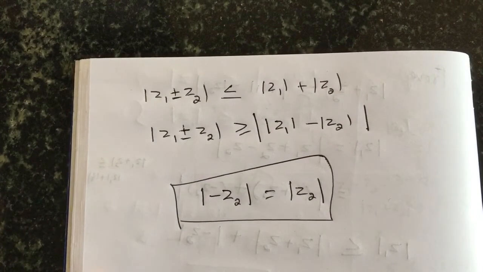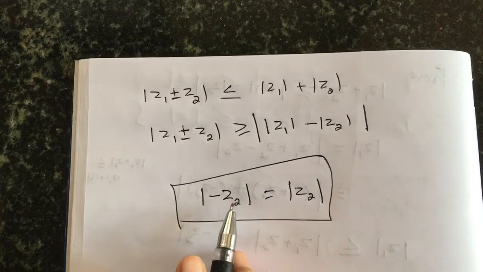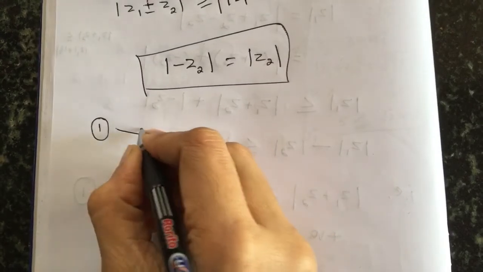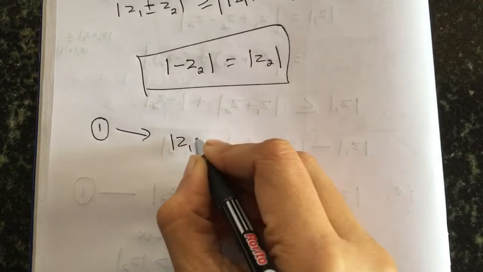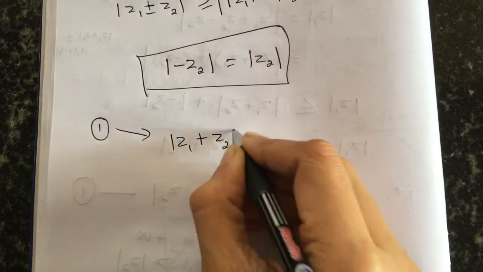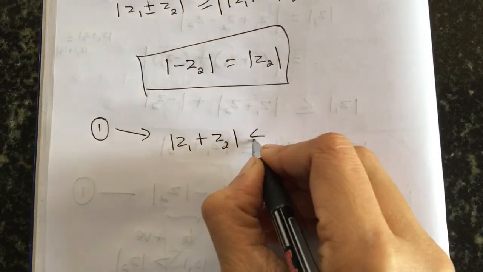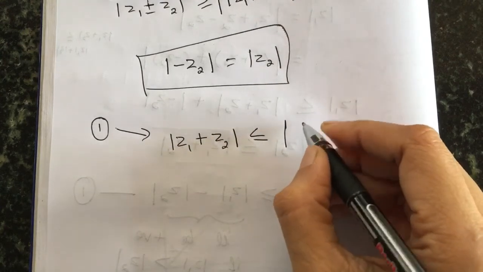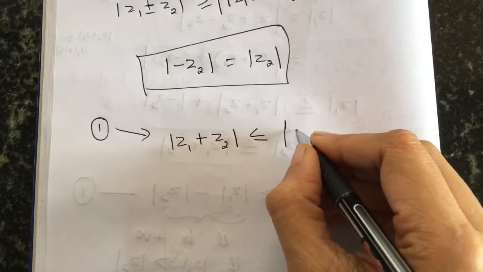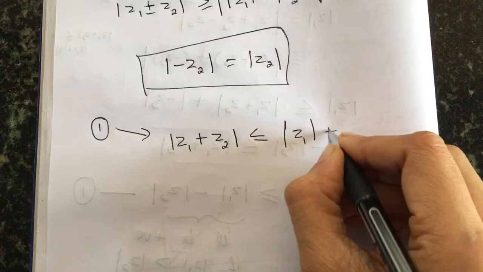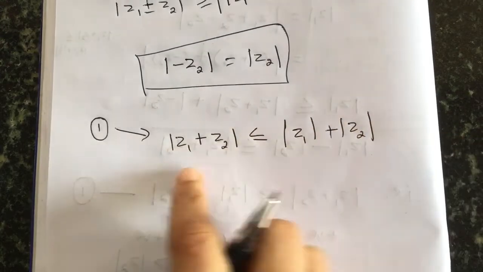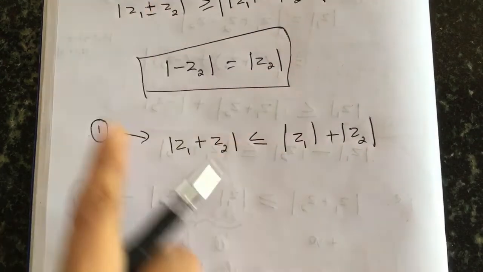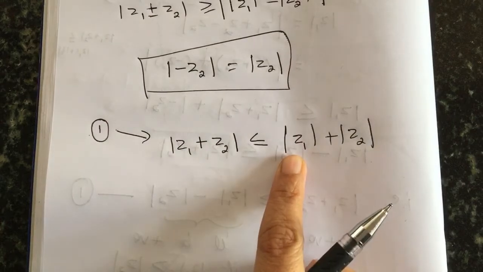So when I do this, the equation 1 was like this, right? Mod z1 plus mod z2 is less than or equal to modulus of z1 plus z2. Okay, this was the expression, the first statement, the upper bound.